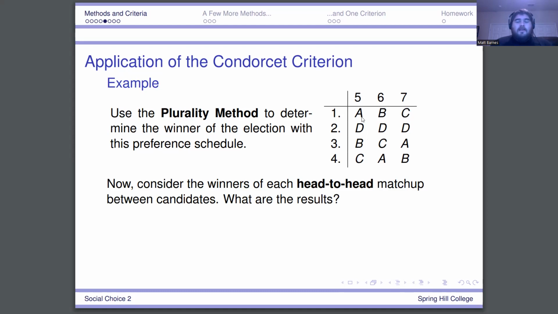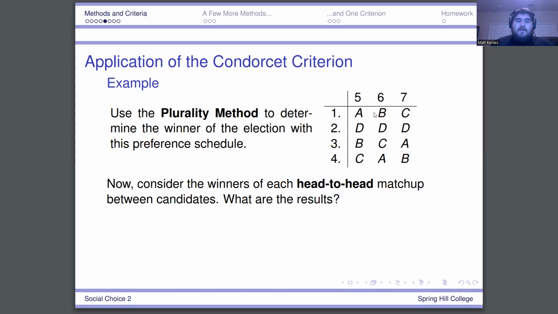So in this first column, they ranked A higher than B. So that's 5 for A. What I'm doing here is just ignoring C and D and looking at what happens between A and B. So 5 people prefer A over B, 6 people prefer B over A, and 7 people prefer A over B. If I put that all together, this column and this column like A more than B, so that would be 12 total. This column likes B more than A, and that would be 6. 12 is bigger than 6. So A wins in this head-to-head matchup, right? So we would prefer A over B here.